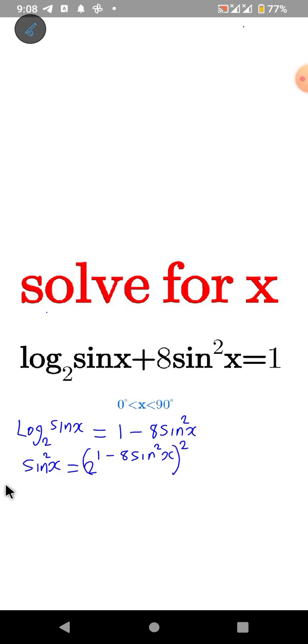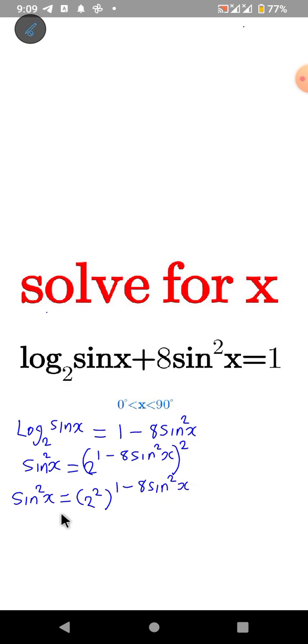Then my next step will be to interchange this power: take this power 2 inside and take this power 1 minus 8 sine square x outside. So we say sine square x is equal to 2 raised to the power of 2, all raised to the power of 1 minus 8 sine square x.